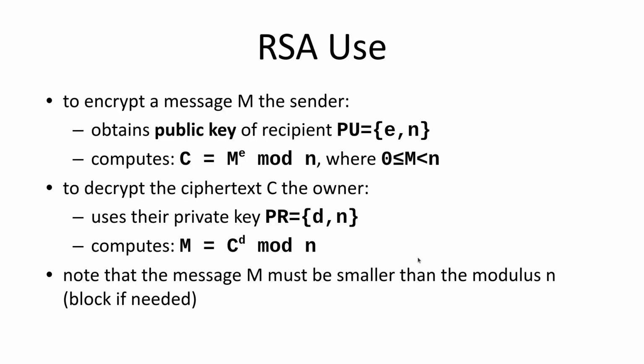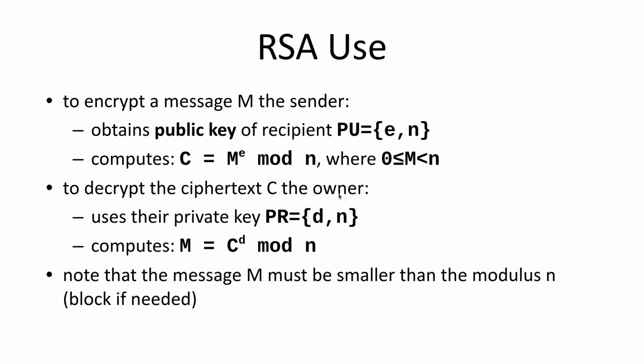Now, how is this used to encrypt a message? You already know how a public key crypto system works, so it's exactly like that. To encrypt a message M that I want to send to a particular person, that person's public key is publicly available. So the public key of the recipient is taken, the cipher is calculated, and it is sent.